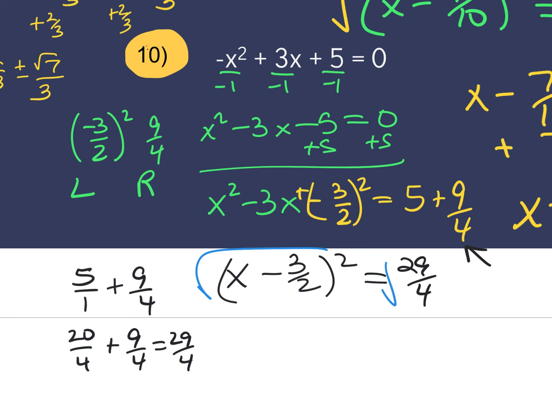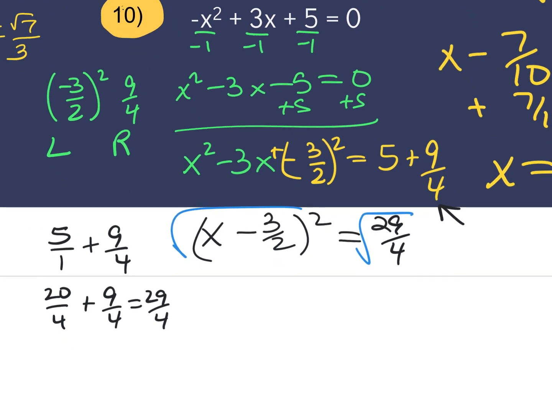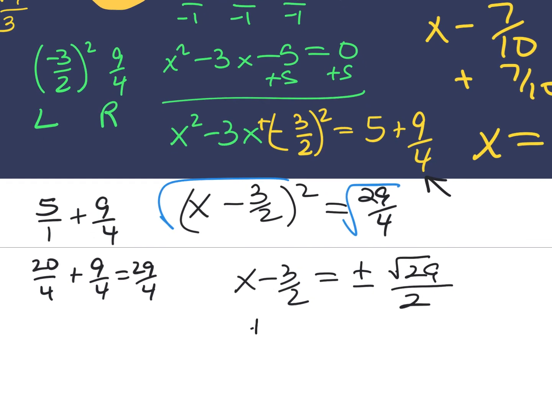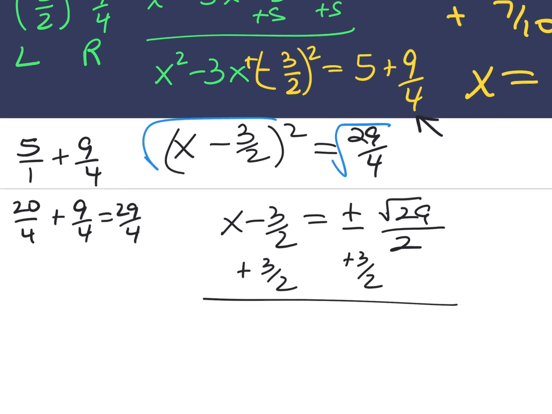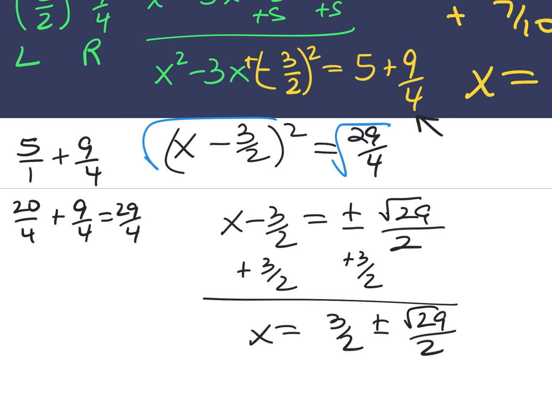Square root that side, that side. I now end up with x minus 3 over 2 is equal to plus or minus square root of 29 over 2. Move the 3 over 2. X is equal to 3 over 2 plus or minus square root of 29 over 2.